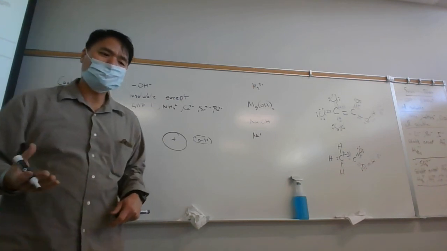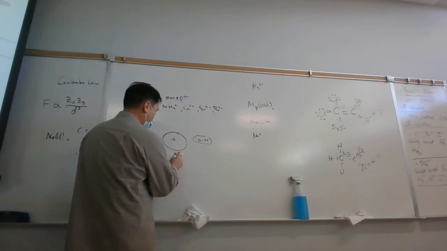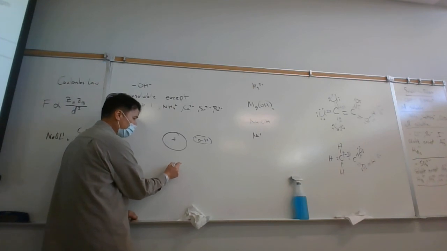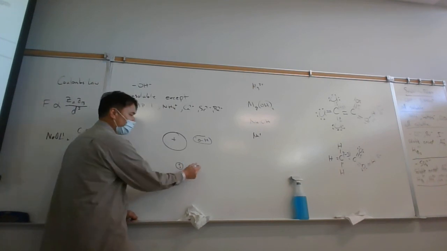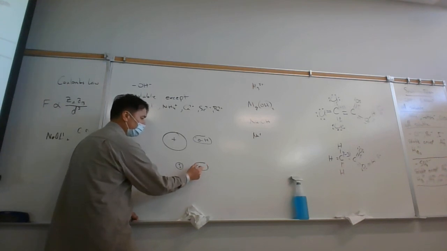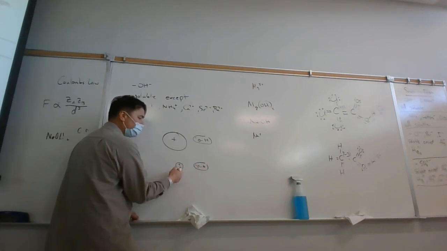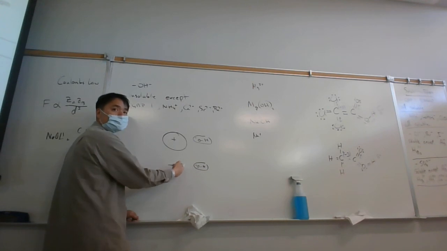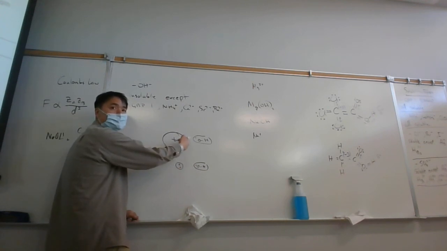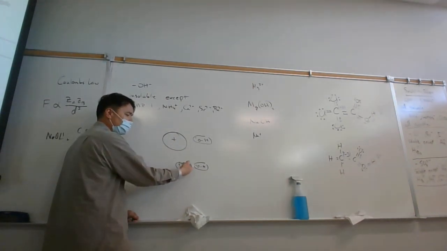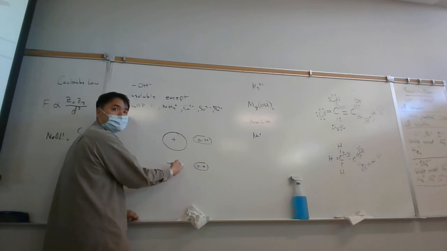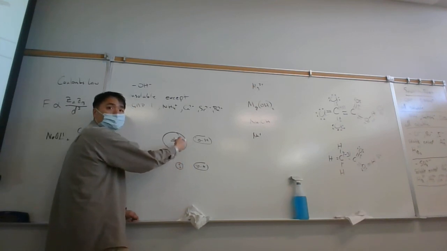Sodium versus something like magnesium. Magnesium is smaller than sodium, and not only is it smaller, it's +2. So when we have a hydroxide come over here, there's a much stronger electrical attraction here than there is here. This much stronger electrical attraction results in ionic bonds that are stronger. These ionic bonds are weaker.